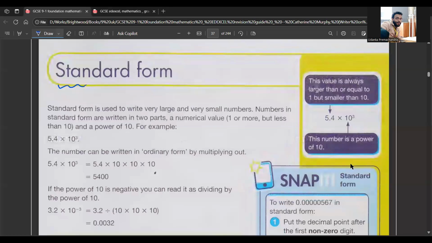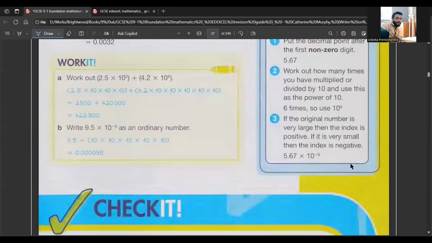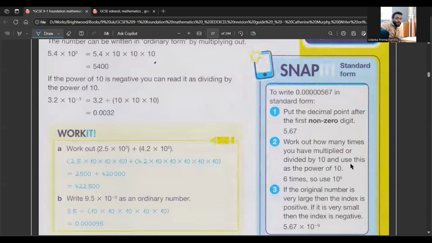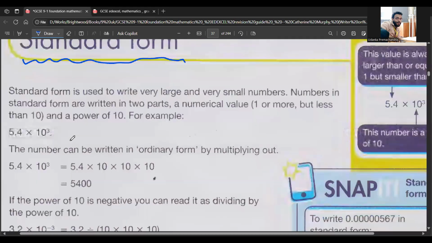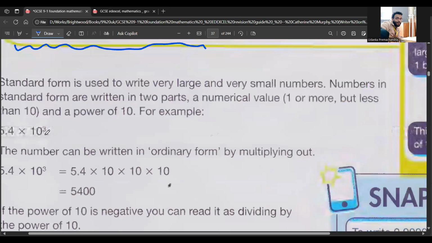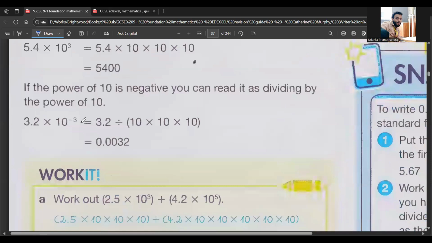Yes, sir. We will do a little question, not much. We will do quickly. Do 3, 4 questions and we will move forward. When you write in the standard form, the scientific notation, sometimes we have to write with plus values, meaning 10 to the power plus values, and other times minus values.